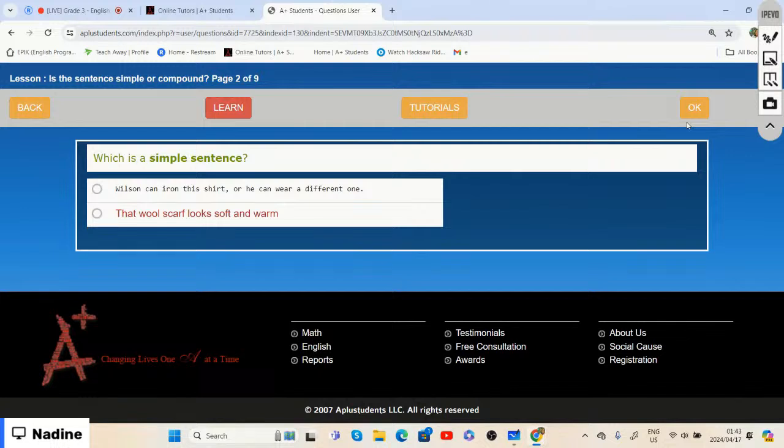We need to choose the simple sentence. We say the simple sentence has only one subject and only one predicate.